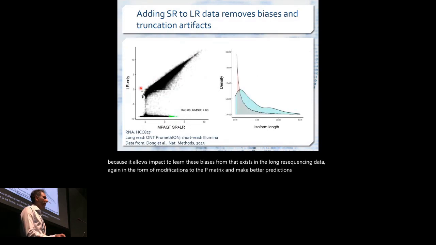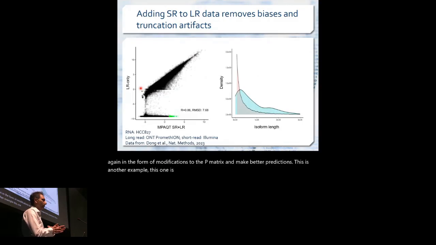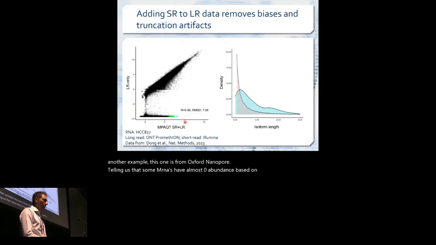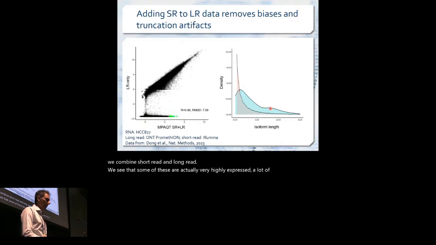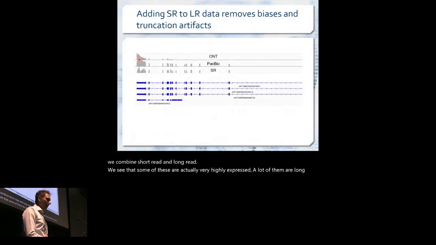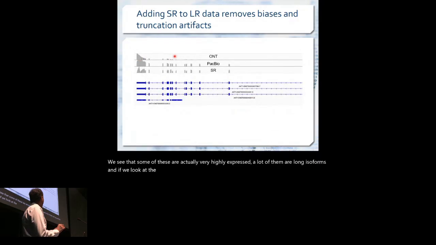This is another example. This one is from Oxford Nanopore, telling us that some mRNAs have almost zero abundance based on Oxford Nanopore, but when we combine short read and long read, we see that some of these are actually very highly expressed. A lot of them are long isoforms. And if we look at the individual cases, then we see that the reason is that Oxford Nanopore reads seem to be a little bit truncated.